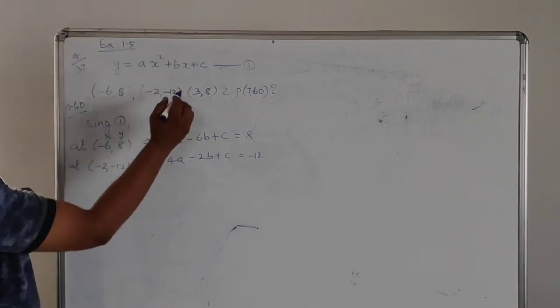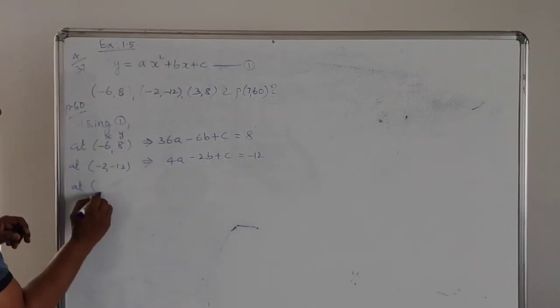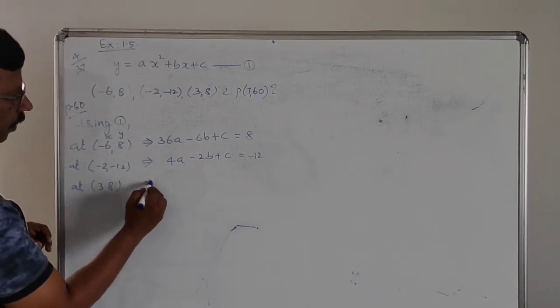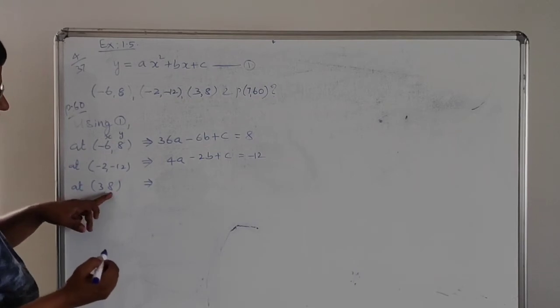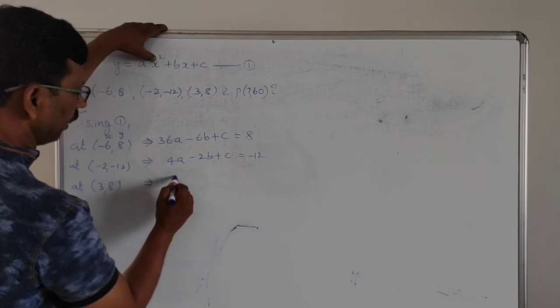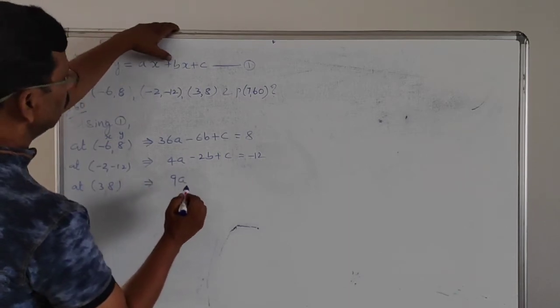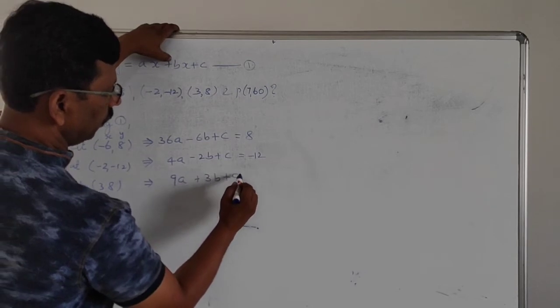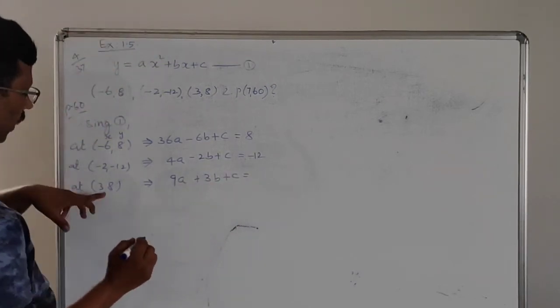Next we can go for the third point at 3 comma 8. X value 3, y value 8, means x equal to 3, 3 square 9, we can write 9a, then plus 3b plus c equal to y, y equal to 8.